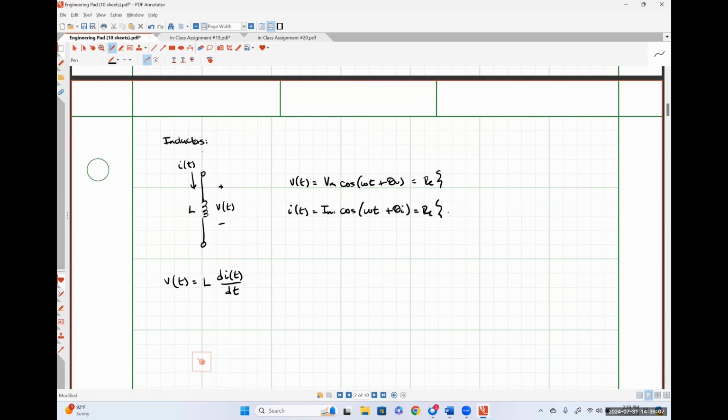So we are once again going to substitute in our mixed domain signals. I'm just rewriting them up here for you really quickly.